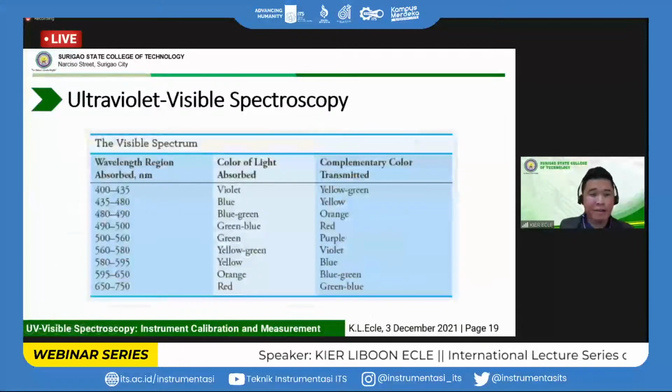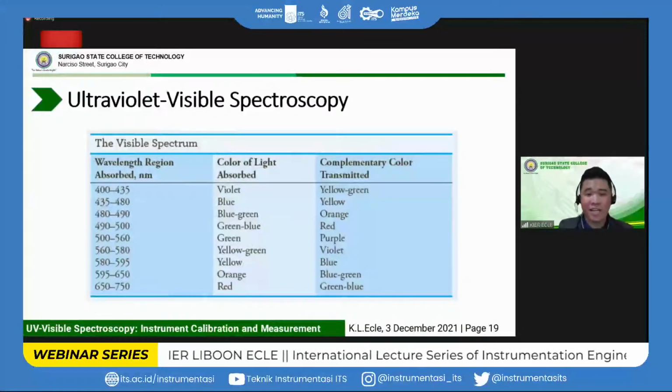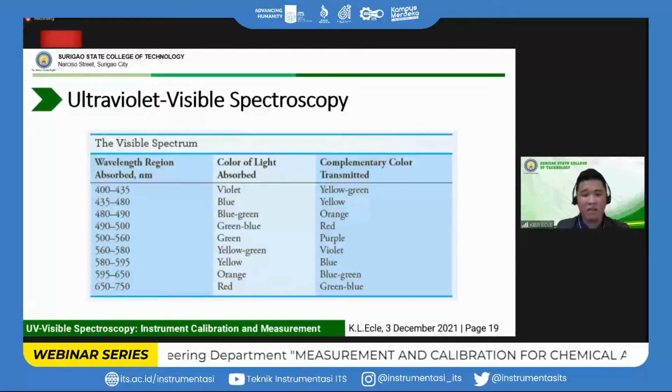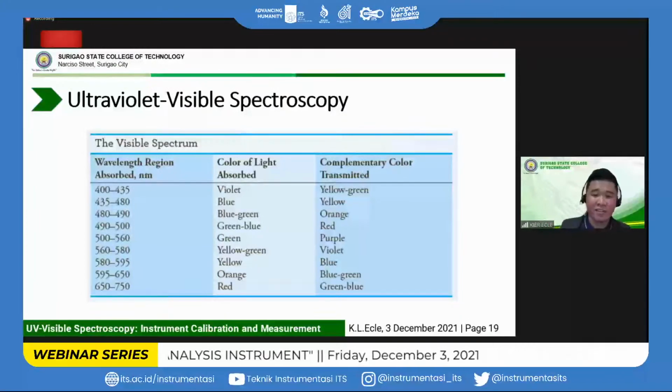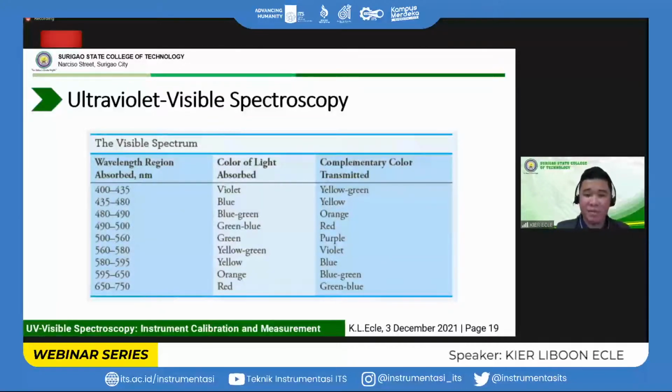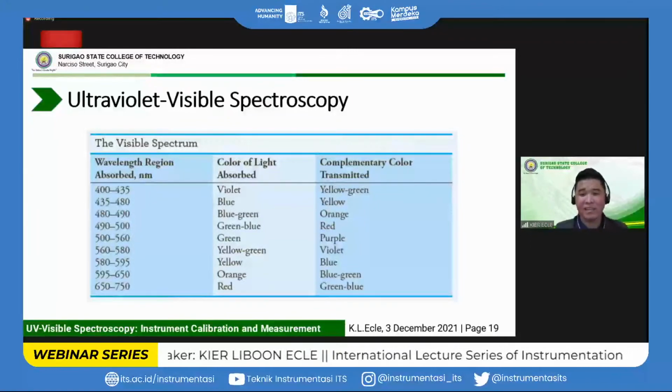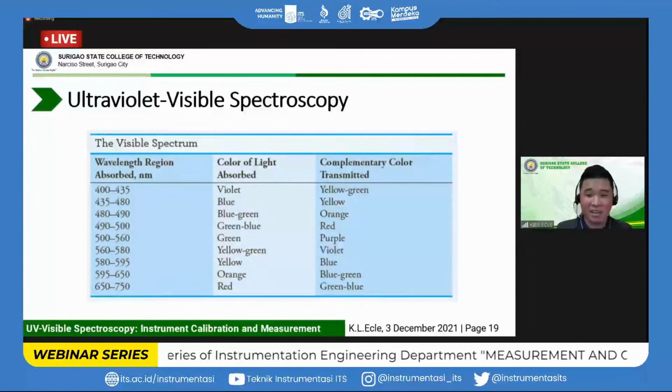Next we have the ultraviolet or the visible spectrum. Under the visible region, you have the colors of light being absorbed and the complementary color that is being transmitted. At a wavelength of 400 to 435, the color of light absorbed is violet, and the color that is being transmitted is between yellow and green.